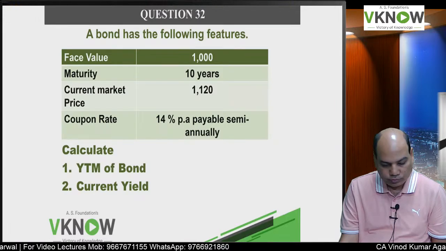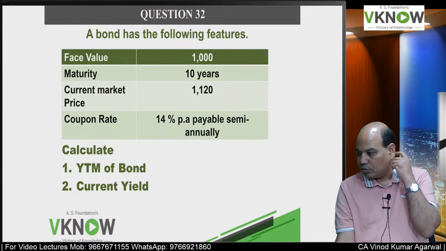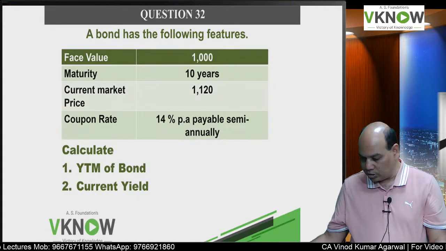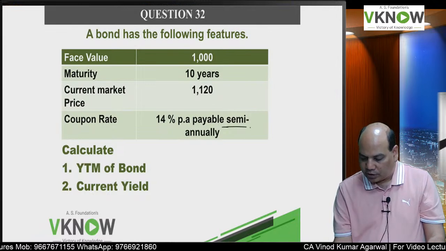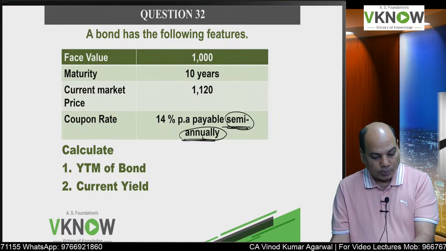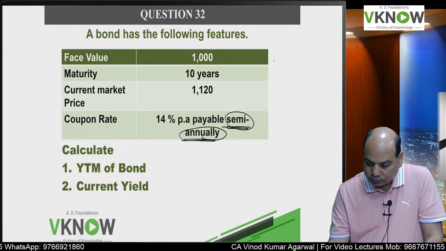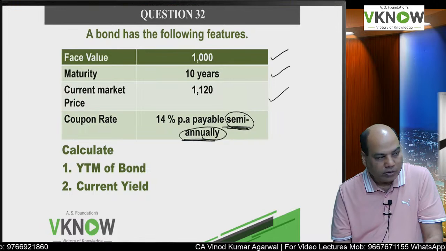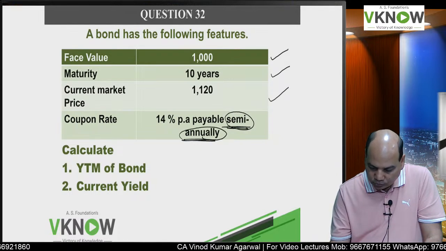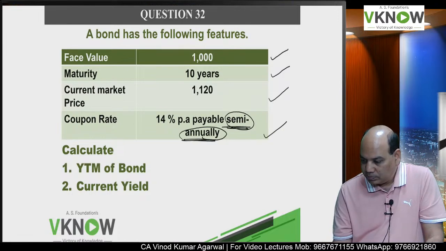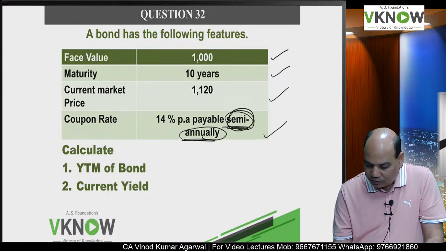Question number 32. One more practice we'll do. This time we will take semi-annual coupon paying bond, because you have to be careful in the exam. If the institute asks semi-annual bond, accordingly you will solve. A bond has the following features: face value 1000, maturity 10 year, current market price 1120, coupon rate 14% per annum, but payable semi-annually.